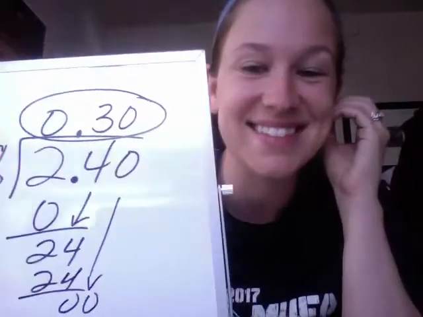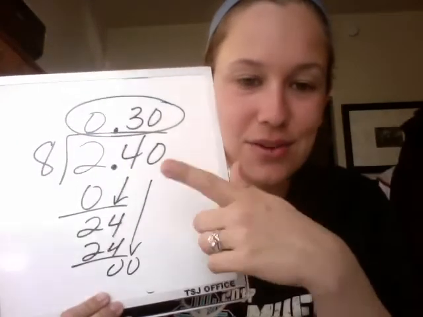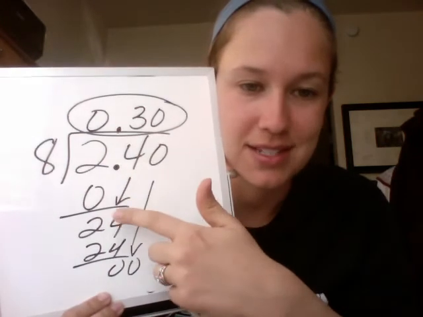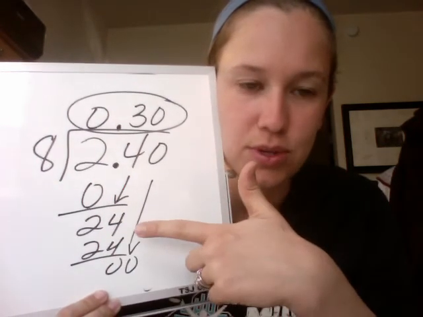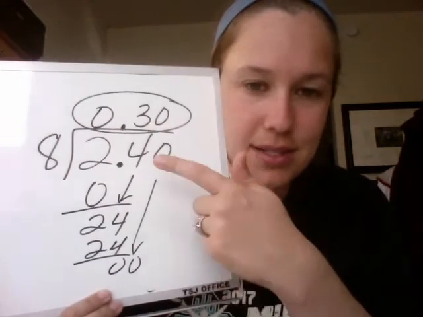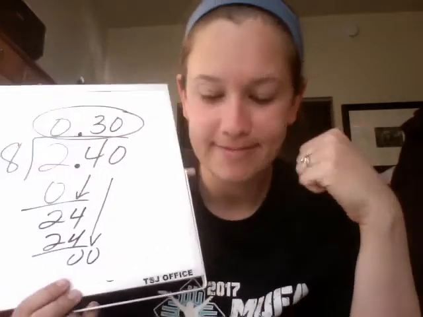Okay, I got the same answer, 30 cents. So 8 goes into 2 0 times. 0 times 8 is 0. Subtract, bring down to get 24. 8 goes into 24 3 times. Comes out to be 0. So the answer is 30 cents.